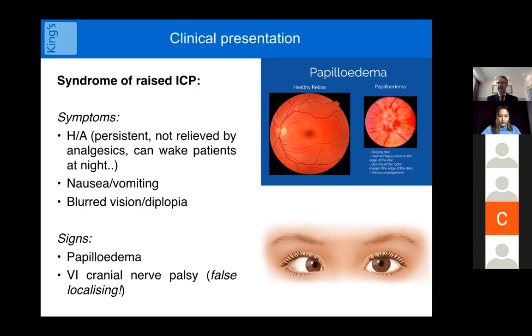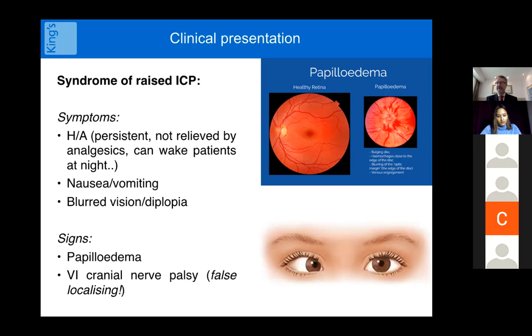The signs that you can look for when you examine patients are the presence of papilledema, and this is the optic nerve swelling. You can see there the picture of a healthy retina on the left, and a papilledema, so raised intracranial pressure with the swollen optic disc, on the right, and a false localizing sign, the presence of a 6th cranial nerve palsy.